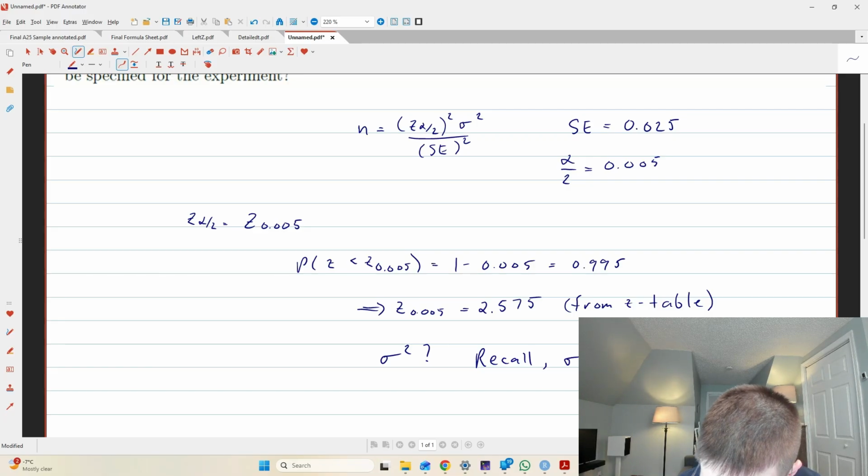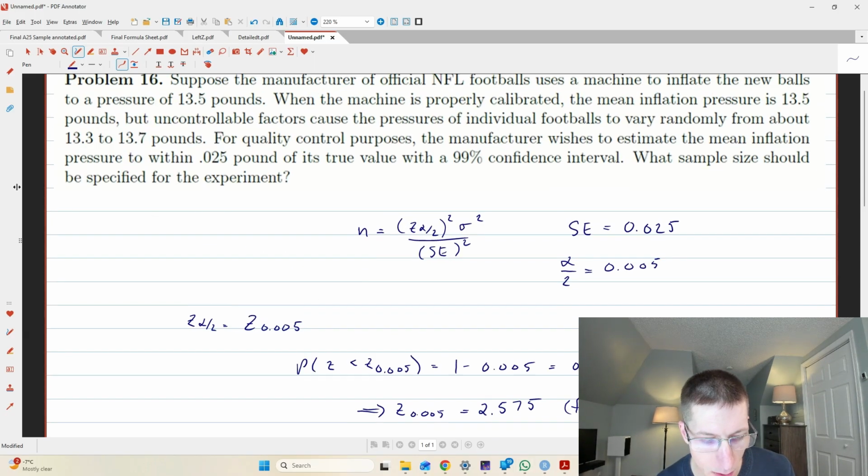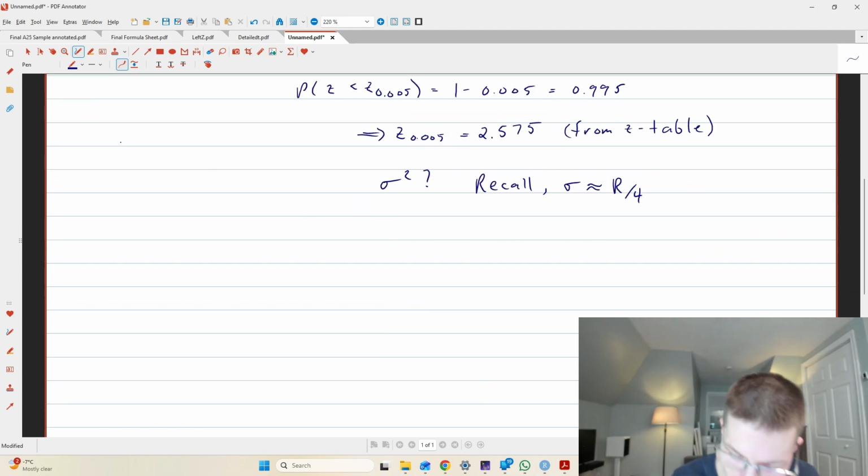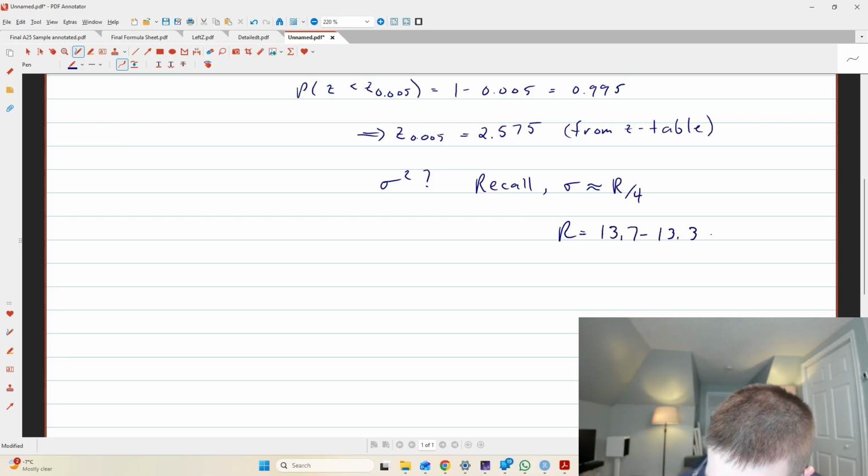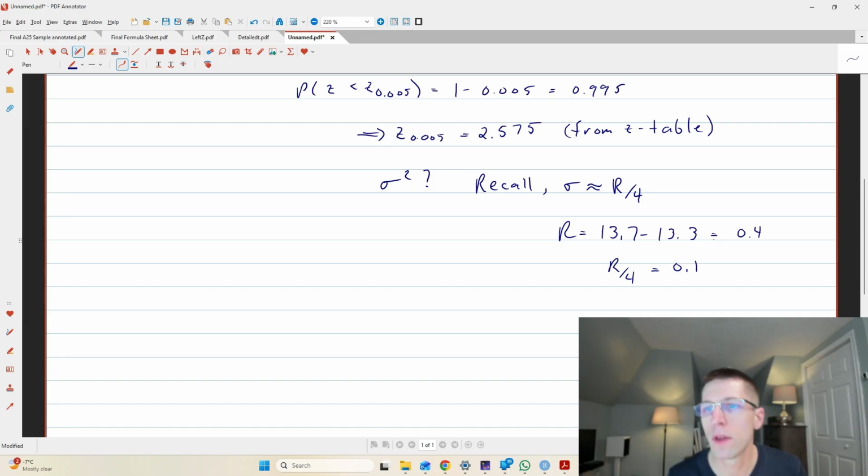Sigma is approximately R over 4. And so the question tells us that the minimum is 13.3 and the maximum is 13.7. So R equals 13.7 minus 13.3, 0.4. R over 4 is going to be 0.1.